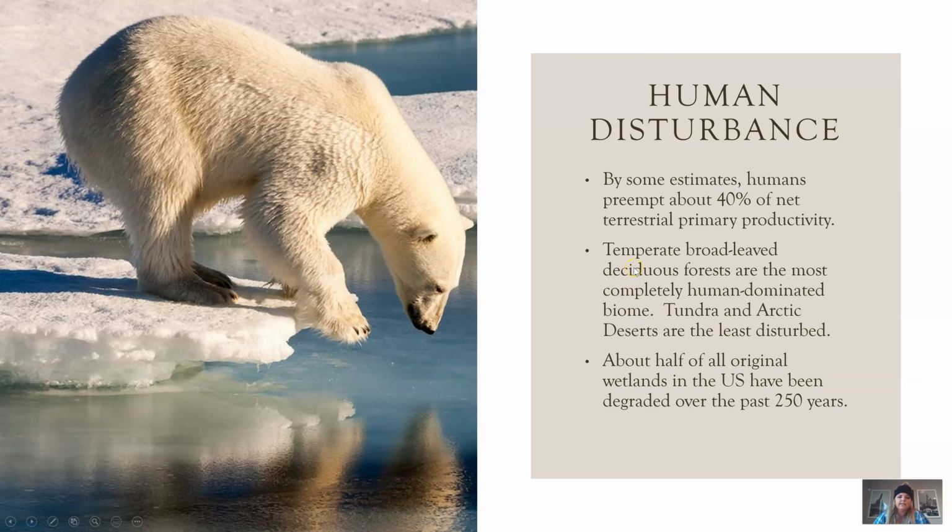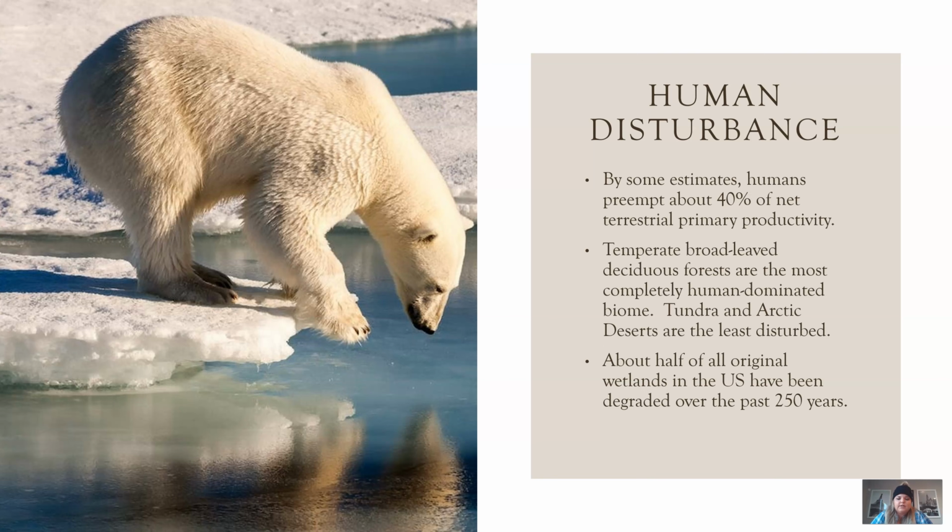All right, human disturbance is a huge issue with biomes, because as we grow in population, the more and more we disturb each of these biomes. By some estimates, humans preempt about 40% of net terrestrial primary productivity. Temperate broad-leaved deciduous forests are the most completely human-dominated biome.